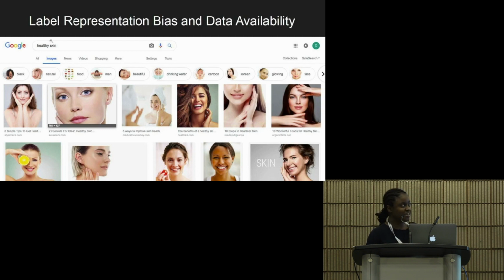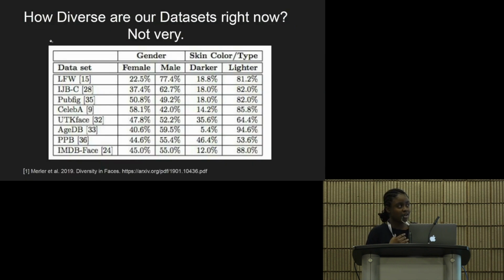So this is me looking up healthy skin on Google Images and seeing that, okay, men can't have healthy skin, and darker skinned women can't have healthy skin according to Google Images. This is often how, when you're sourcing images for a machine learning model, you take the default. That's very media influenced, and that media influence results in something like this.